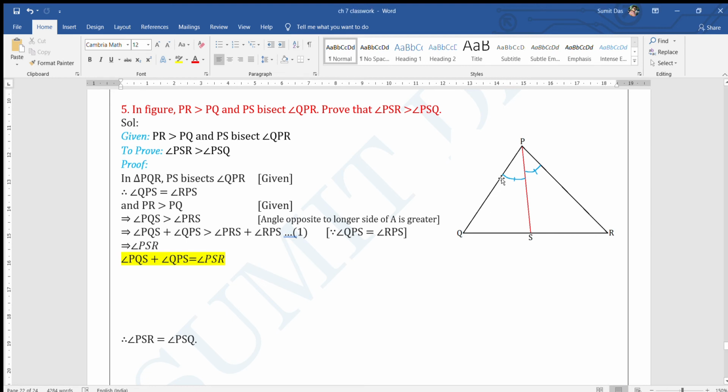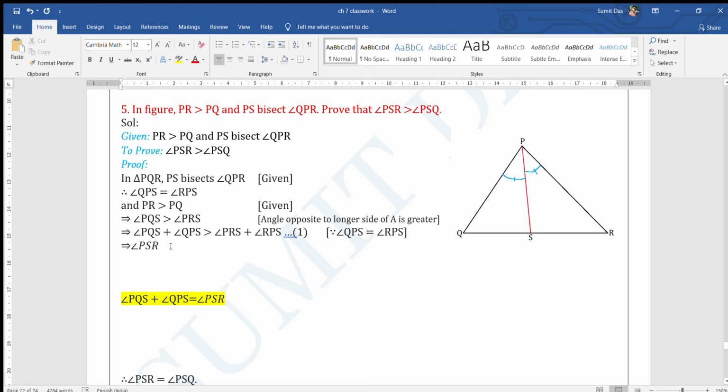Look, if we consider triangle PQS, this is the exterior angle. PSR is the exterior angle, and we know the exterior angle is the sum of the opposite interior angles. Okay, so PQS plus QPS we can write as PSR, exterior angle property.